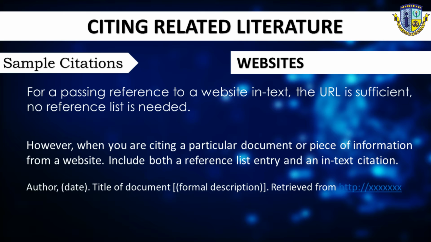Determine the type of content on the web page, and provide the following pieces of information: the author, the date, title of document, and then indicate it in formal description, and retrieved from, and then put the link.